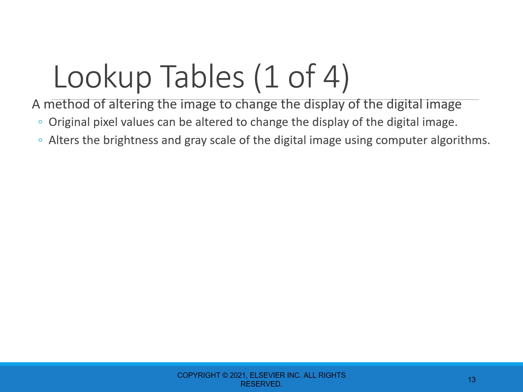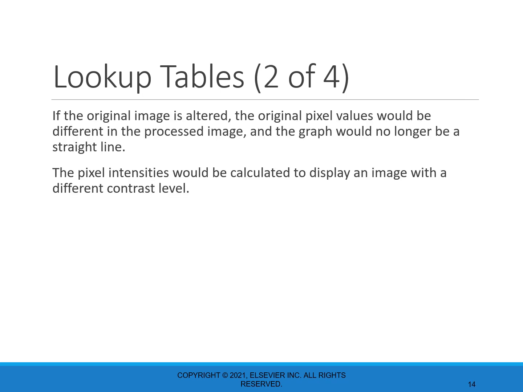When it does this, it's going to alter the brightness and the grayscale. So it's changing the window, it's changing the level as it does this in order to get those two histograms to align better. We call that realignment our rescaling process.